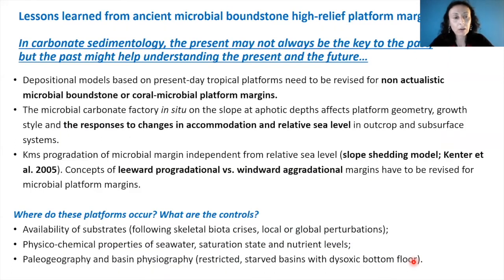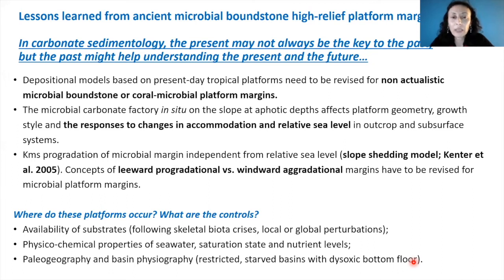So in conclusion, the present is not always the key to the past, but we need the present to understand the processes that might have taken place in the past. But from the geological past and the outcrop studies I showed, I think we can improve the understanding of the present, and maybe also of the future and possible future environmental and climatic perturbation.